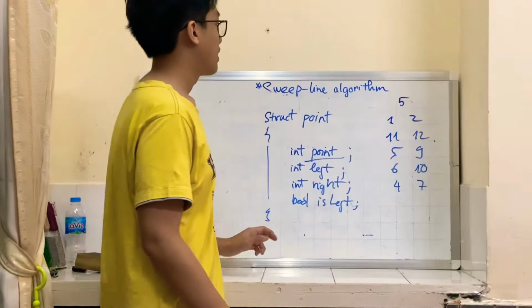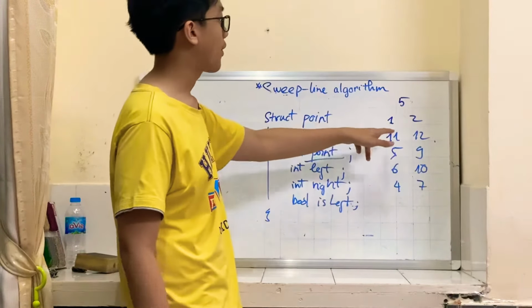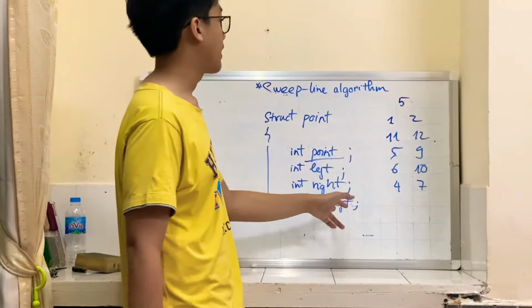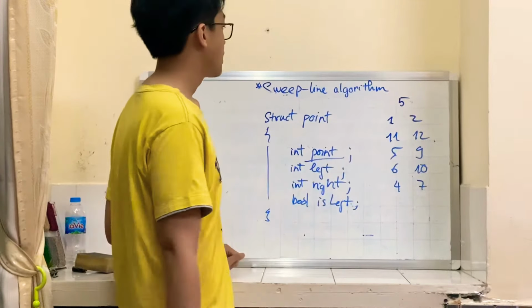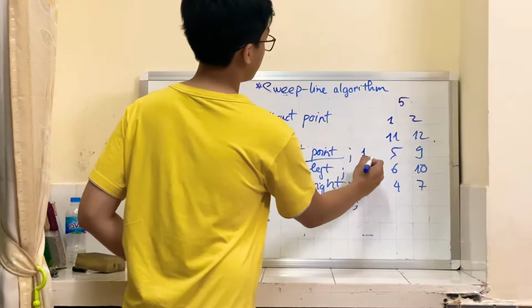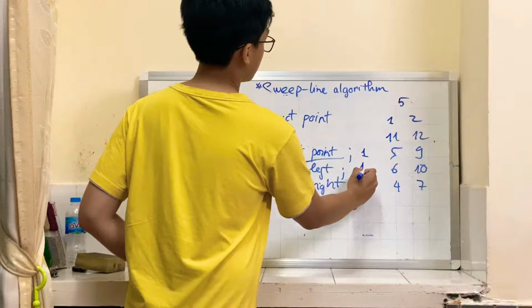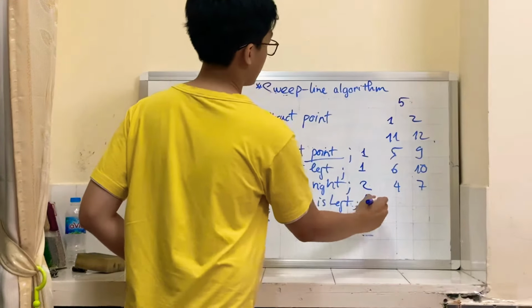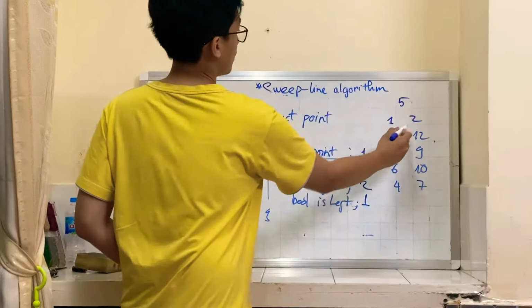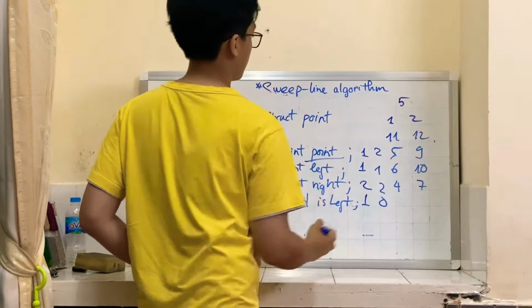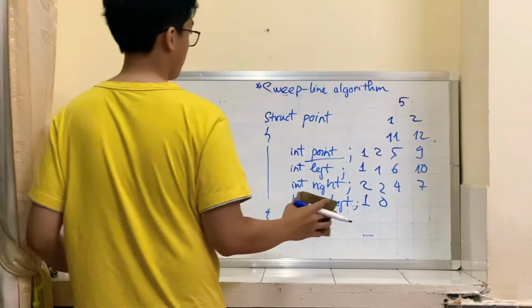Because for each line we have 2 points, and point 1 is the left point, and point 2 is the right point. So for point 1, we'll have 1, 1, 2, and is left 1. For point 2, we have point 2, 1, 2, and 0. Easy, right?